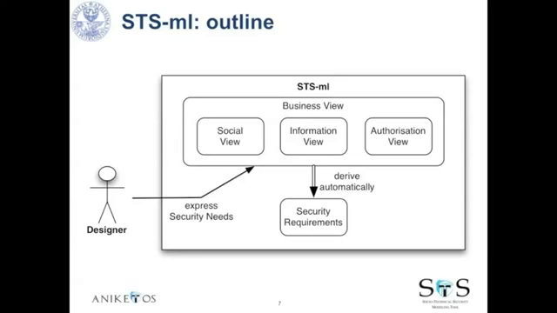We have the 3 views that I mentioned: social view, information view, and authorization view. All these views together form the business view, in which the designer can express security needs that he has gotten from the stakeholders, so what the stakeholders expect from their interactions to be satisfied. And once the security needs have been expressed and the modeling has been performed, we can derive the set of security requirements that the system has to satisfy.